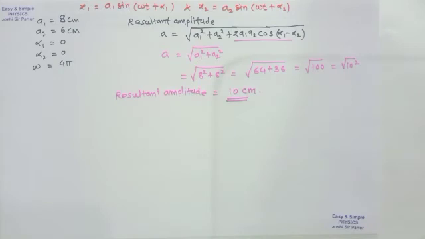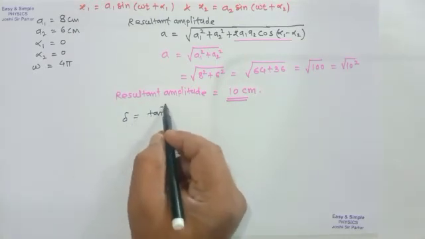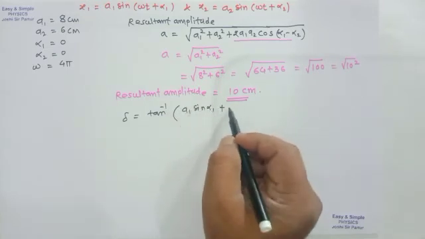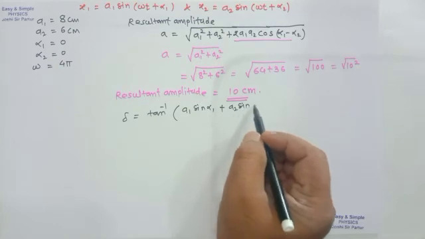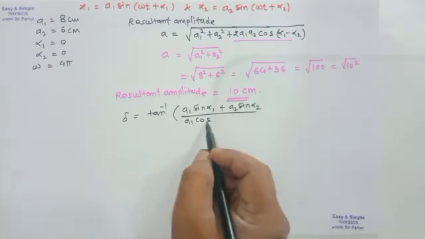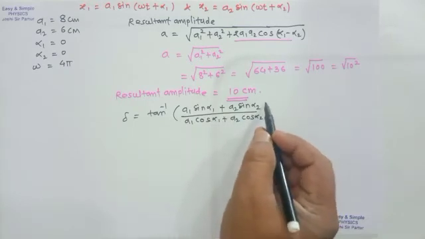Again, if we solve for the resultant initial angle, delta is equal to tan inverse of (a1 sin alpha 1 plus a2 sin alpha 2) divided by (a1 cos alpha 1 plus a2 cos alpha 2).